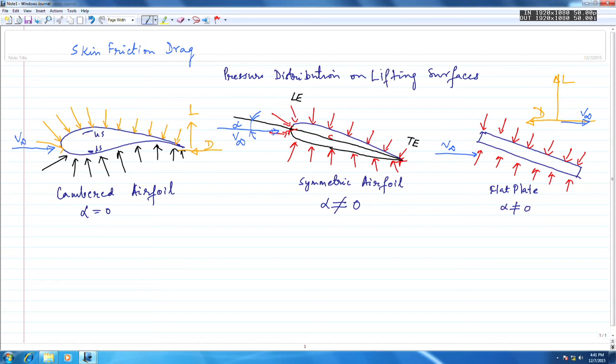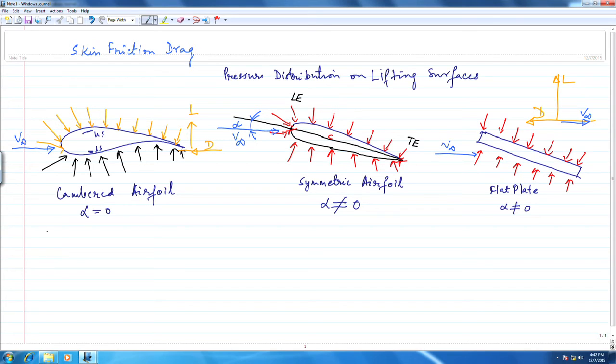So you can see that we're not talking about any boundary layers or friction or anything like that. Therefore, lift can be calculated fairly accurately using inviscid theory, along with the Kutta condition at the trailing edge.